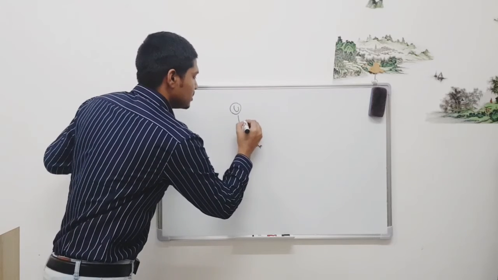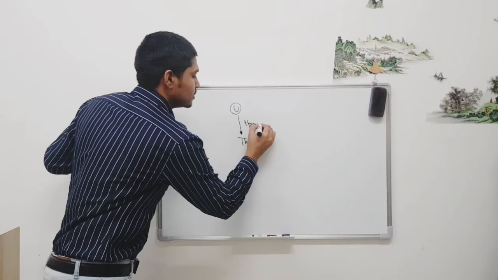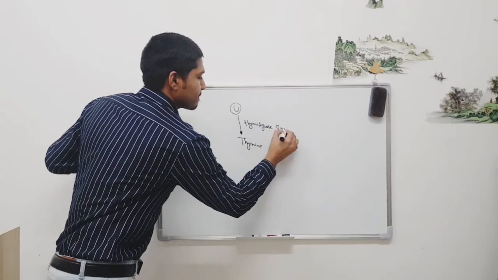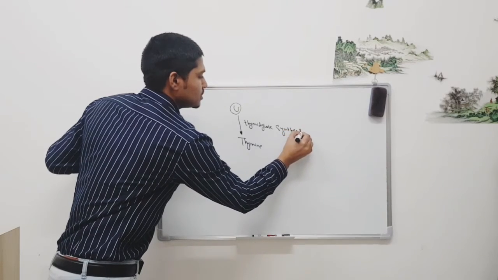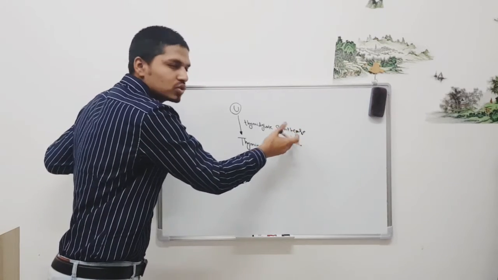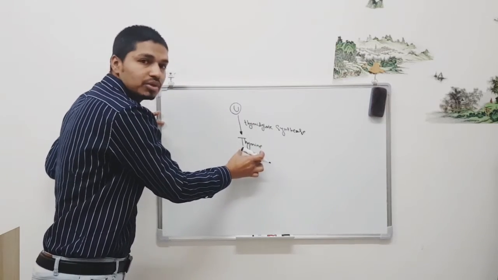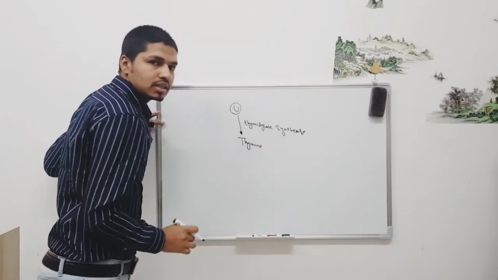The name of the enzyme is thymidylate synthase. There might be a spelling mistake, so please ignore it. So to convert uracil into thymine, you need an enzyme called thymidylate synthase.